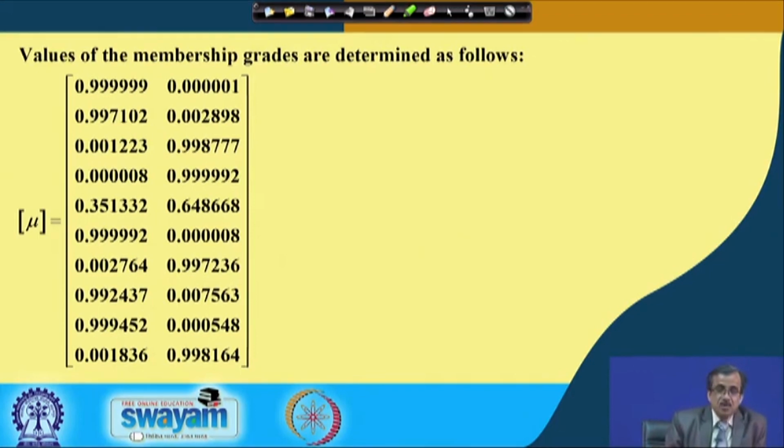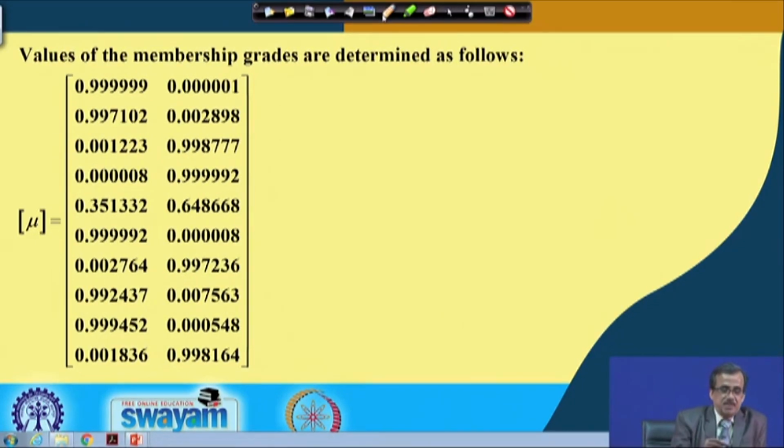Now, let us try to relook at what it means. If you see this mu matrix and concentrate here, what is the practical meaning? The first data point belongs to the first cluster with this much membership value, and it belongs to the second cluster with this much membership value.